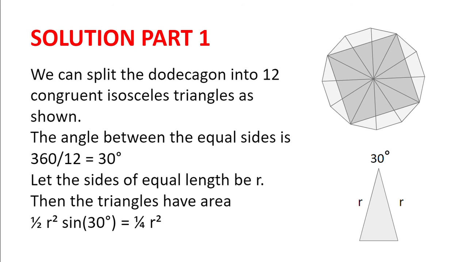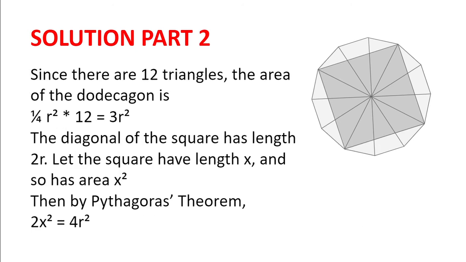Then the triangles have area half multiplied by r squared multiplied by sin 30 degrees, which is a quarter of r squared. Now, since there are 12 triangles, the area of the dodecagon is a quarter of r squared multiplied by 12, which is 3r squared.